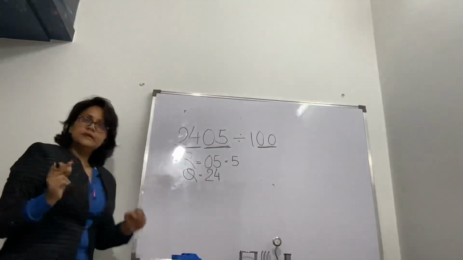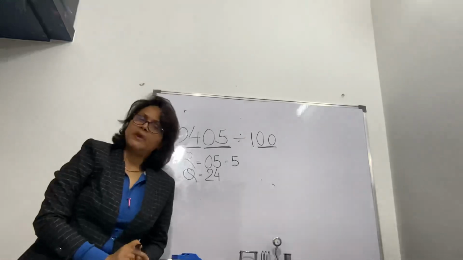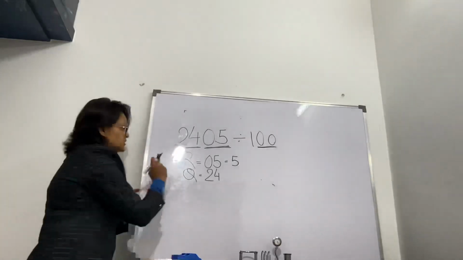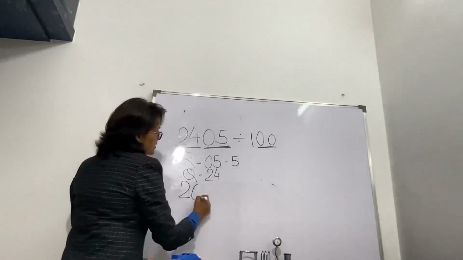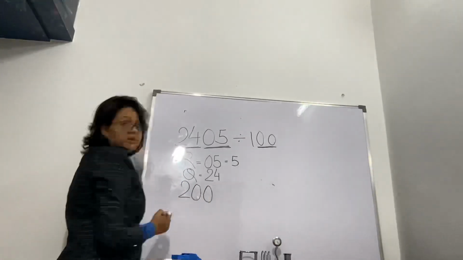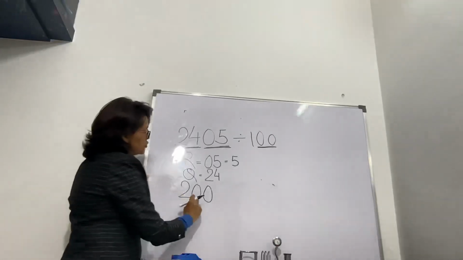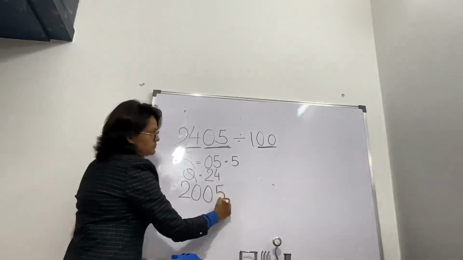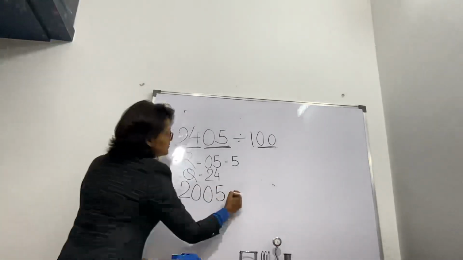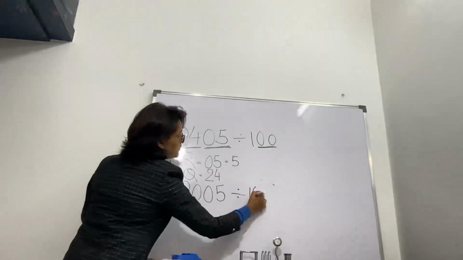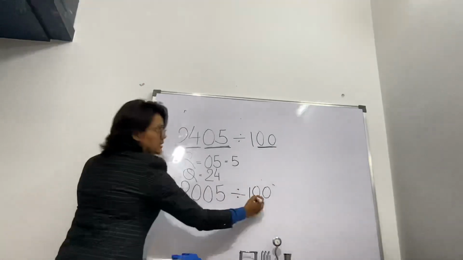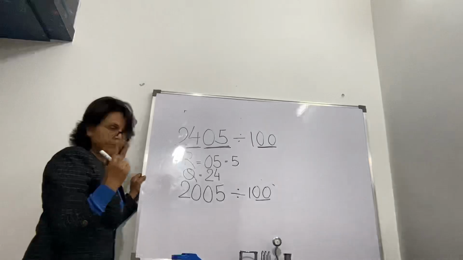Now, there comes a second point where the student may get confused. Suppose the same number, we will write the other way. Not the same number, in fact, I am changing the number to 2005. Now, it is divided by 100. Again, the number of zeros are 2.